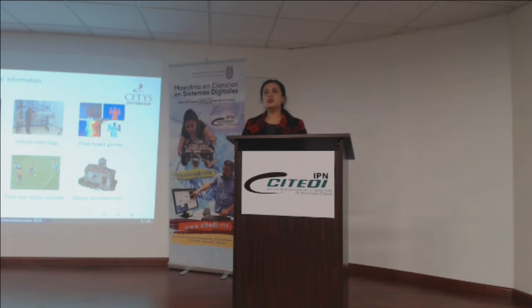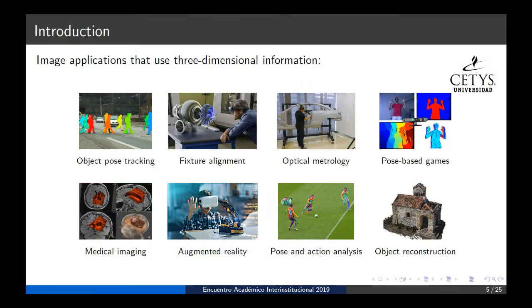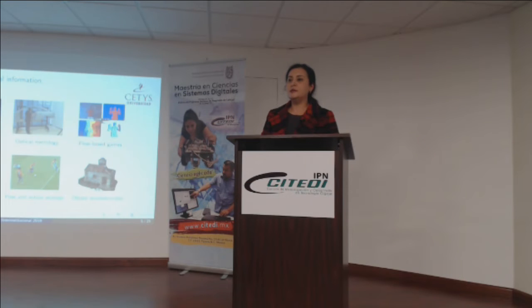Image applications are important because we can use three-dimensional information for object pose tracking, fixture alignment, optical metrology, pose-based games, video games, medical imaging. Recently I'm working with virtual and augmented reality, pose and action analysis for video analytics, and object recognition.